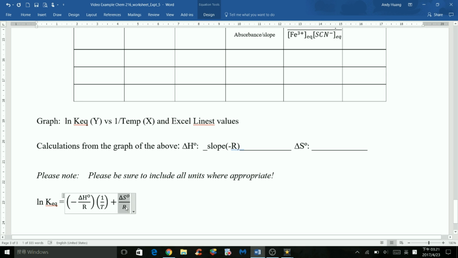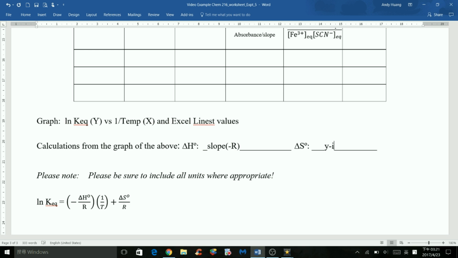So again, the y-intercept equals delta S divided by R. So to solve for delta S, or the entropy, you can multiply the y-intercept by the ideal gas constant.